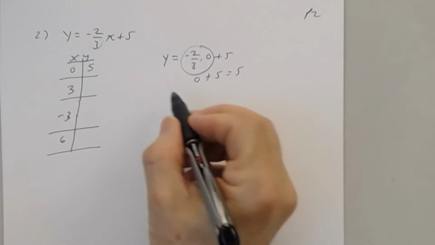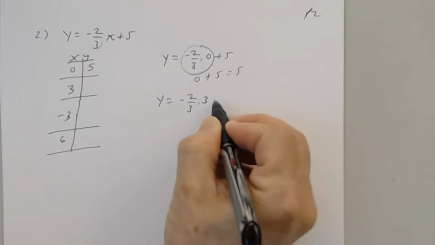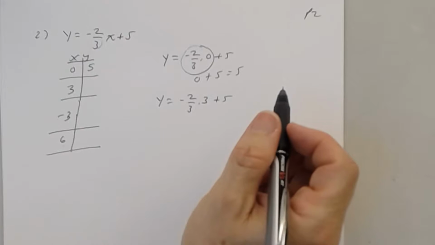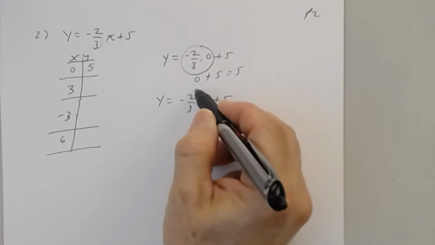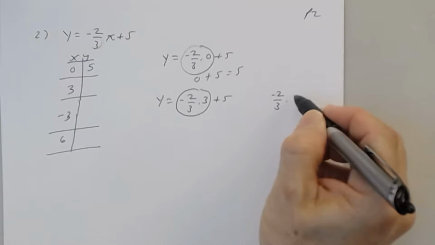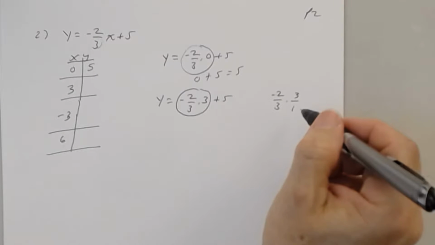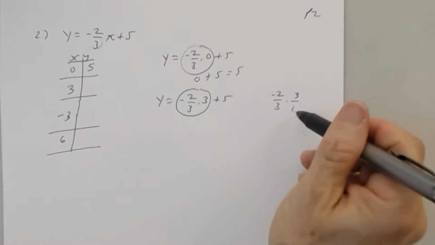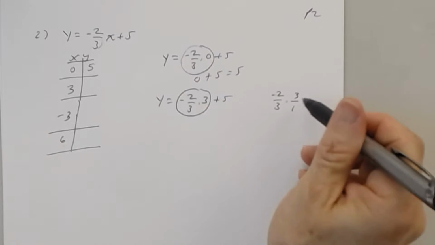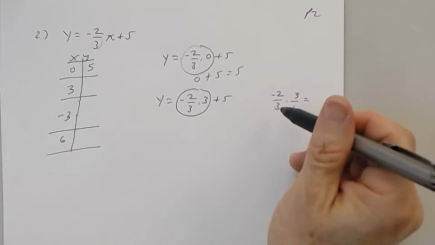Okay, let x be 3. If x is 3, I get y equals negative 2/3 times 3 plus 5. Let's review some multiplication of fractions, so I'm going to go off to the side. Remember, I can write 3 as 3 divided by 1. We also need to remember that a negative times a positive is a negative. You can multiply first, or you can reduce first.